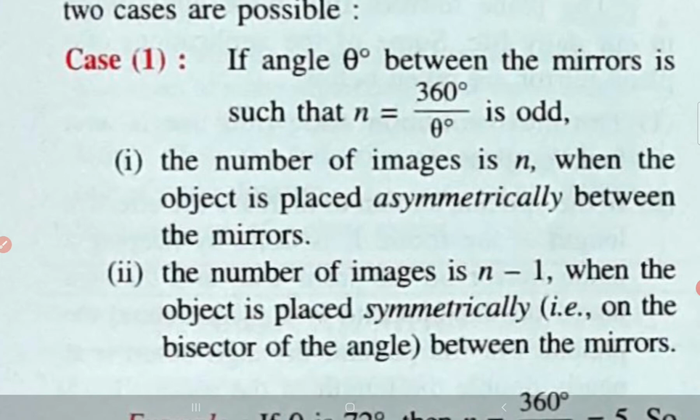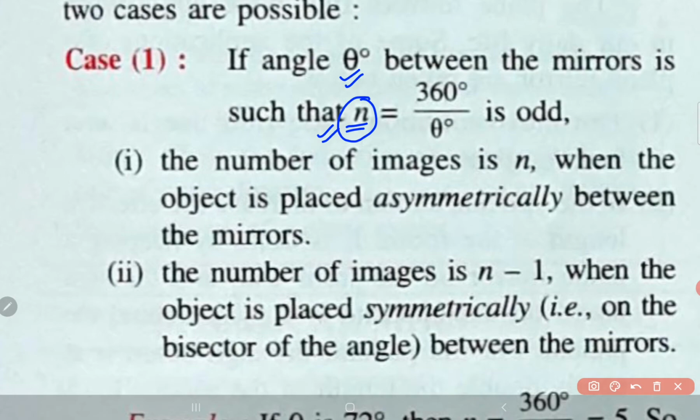Now, listen to this very carefully, okay. They are saying such that n is a number, right. So, if we have theta degree in between the mirrors, then a number can be calculated. Remember, this number is not the number of images formed, okay, till now.